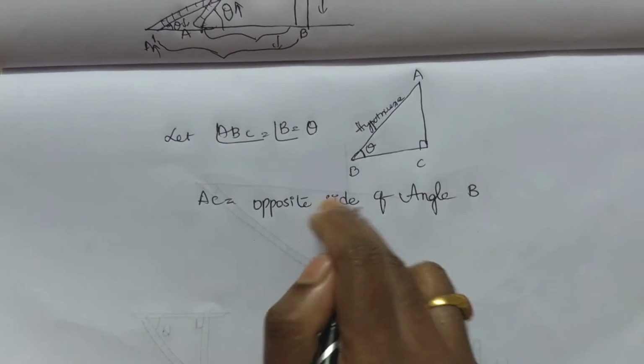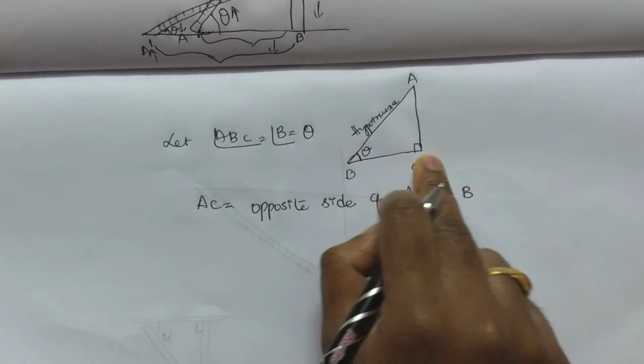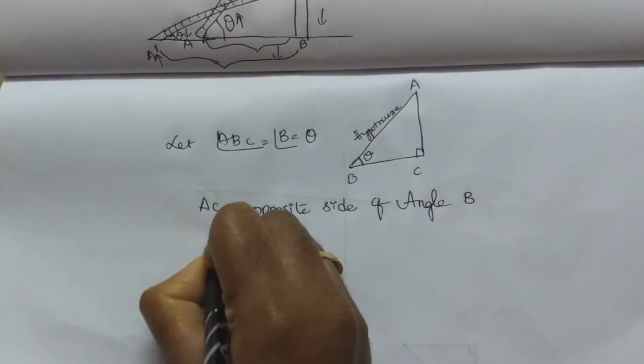In the same way, what is BC called? BC is just beside, right?